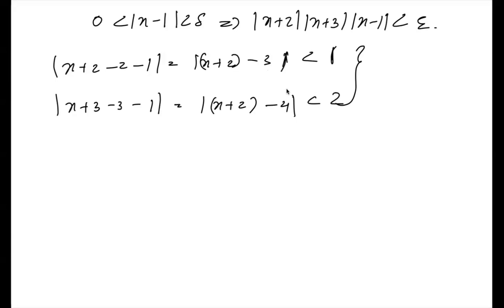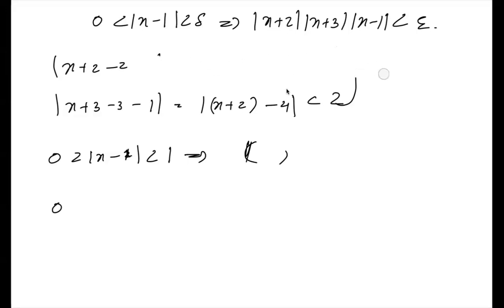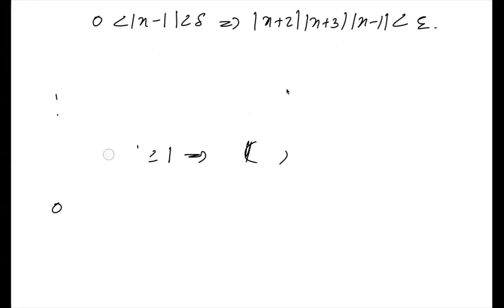Let's say absolute value of x minus 1 less than 1, and it is equal to something. Let me just work it out here, otherwise you will be confused. Okay, so let's get the inequality for this one first.